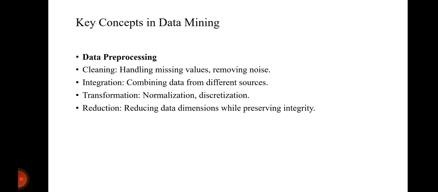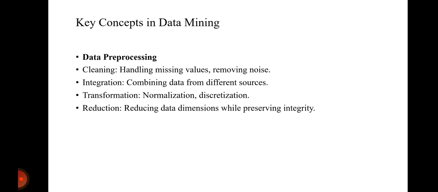Integration is combining data from different sources. Transformation has two methods: one is normalization and the other is discretization. And finally reduction. As I said before, the image data has to be pre-processed before applying the model in the further stages.